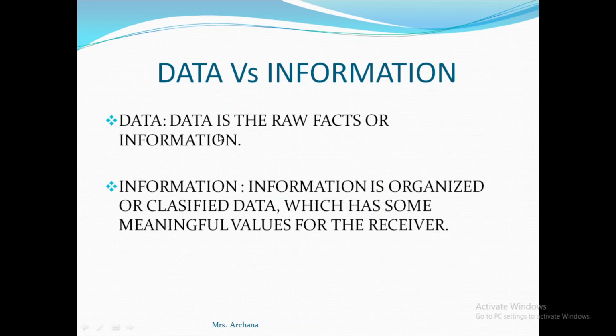That's why it is called data. Then, information is organized or classified data which has some meaningful value for the receiver. That means after getting the value 13, we know that after addition we get the value 13. 13 is the information that we received.